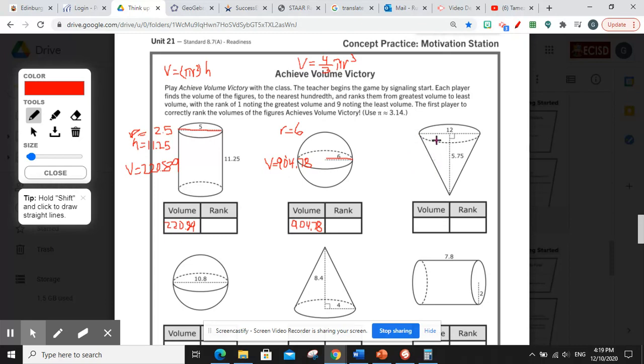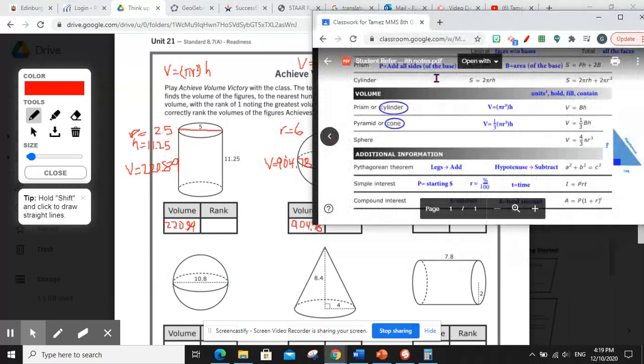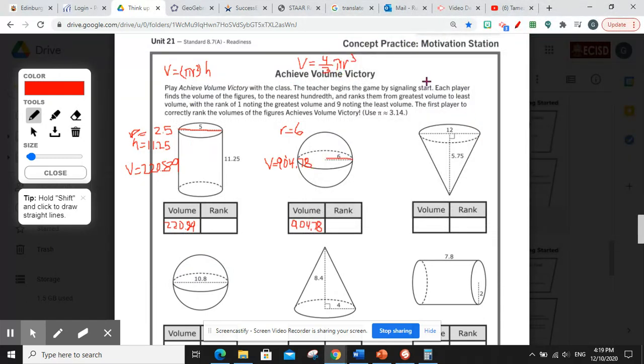Again, go to my formula chart for a cone, 1 over 3 pi r squared h. So V equals 1/3 pi r squared times my height. So I need to figure out my radius and I need to figure out my height.